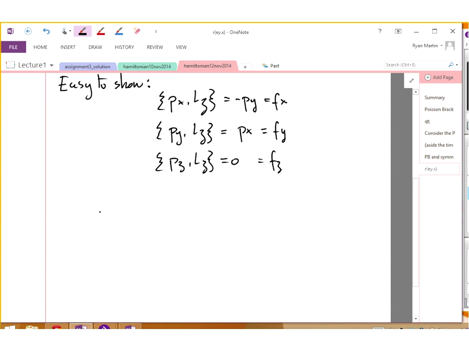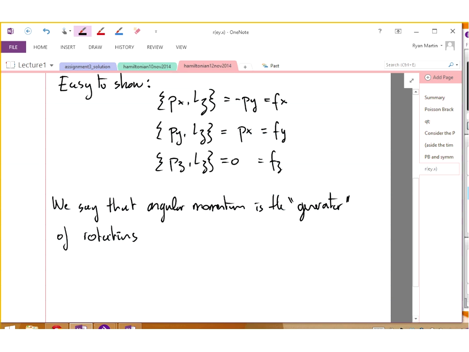And so what we say, or the mathematicians probably say this, is that angular momentum is the generator of rotations.